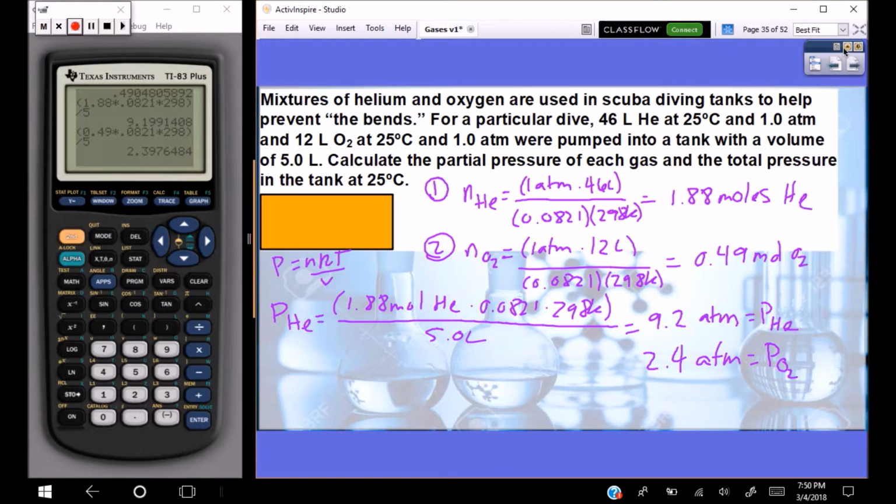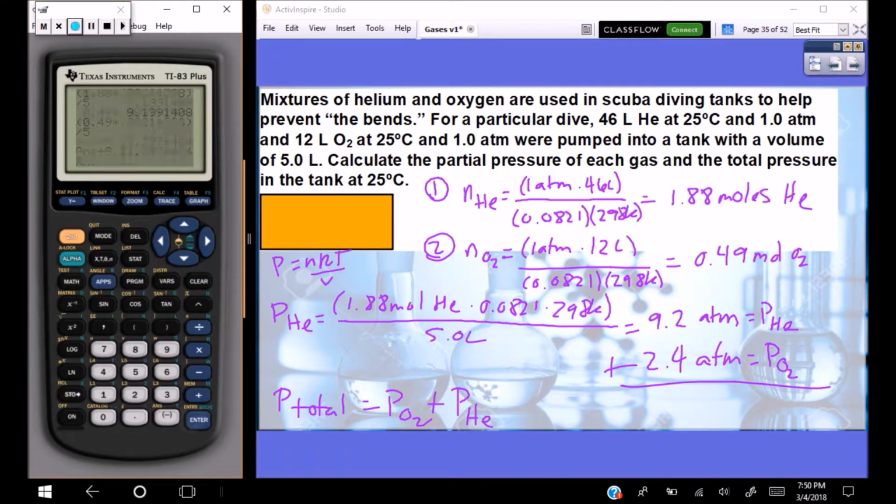I've successfully found my partial pressures, and then to figure out my total pressure, I just have to add them together. I know that my P total equals the P of O2 plus the P of He, and when I add these things together, 9.2 plus 2.4, I get 11.6 atmospheres as my total pressure.